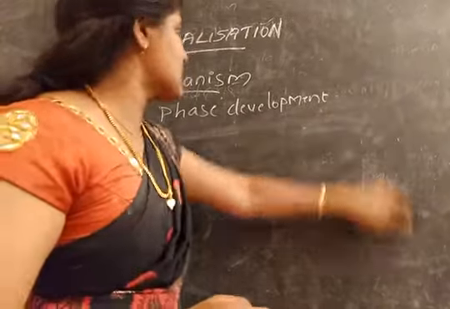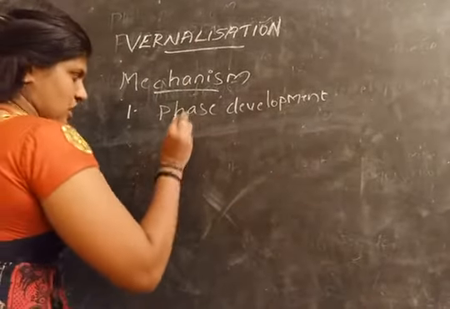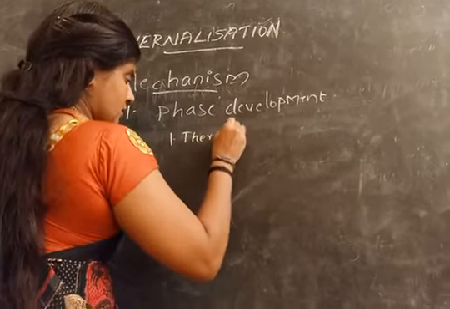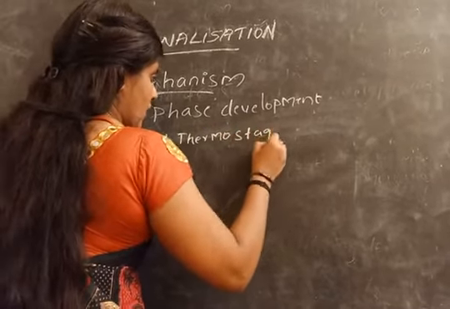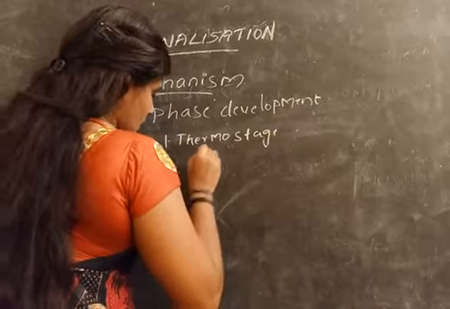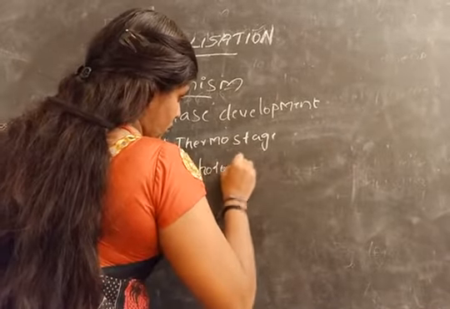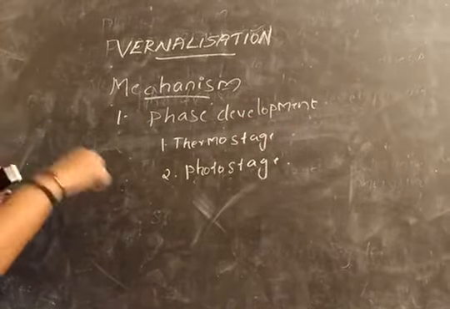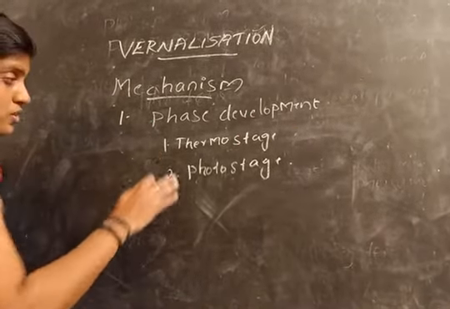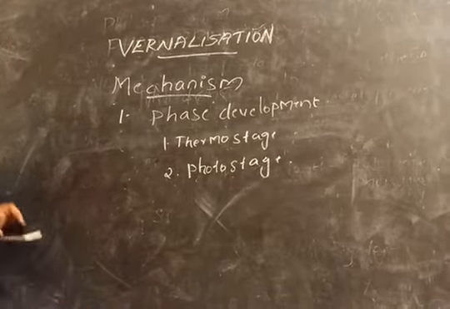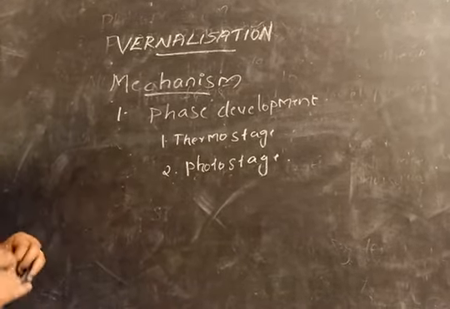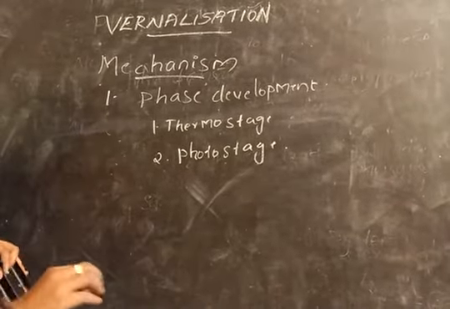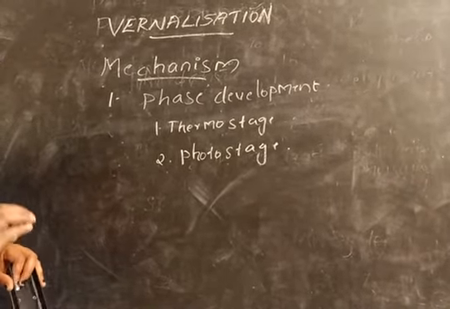For an annual seed plant, there are two stages. First one is thermostage and second one is photostage. In thermostage, the vegetative phase requires low temperature and moisture.